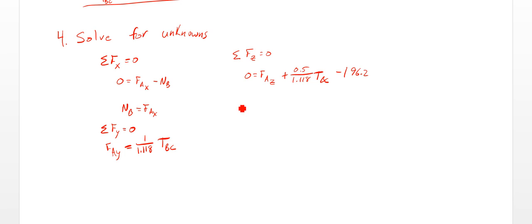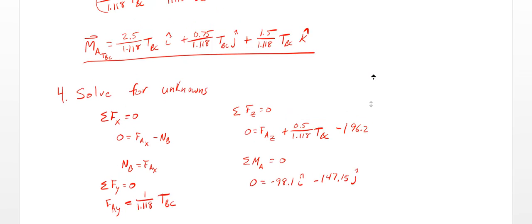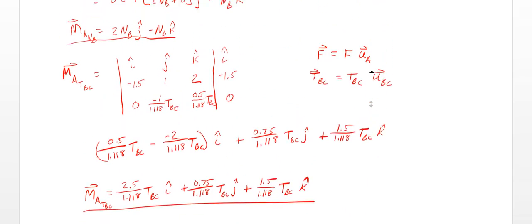And then our moments, the sum of the moments around A equals 0. So 0 equals, now I'm going to combine all those moments together. So we had negative 98.1 I minus 147.15 J, and then the moments from the weight.